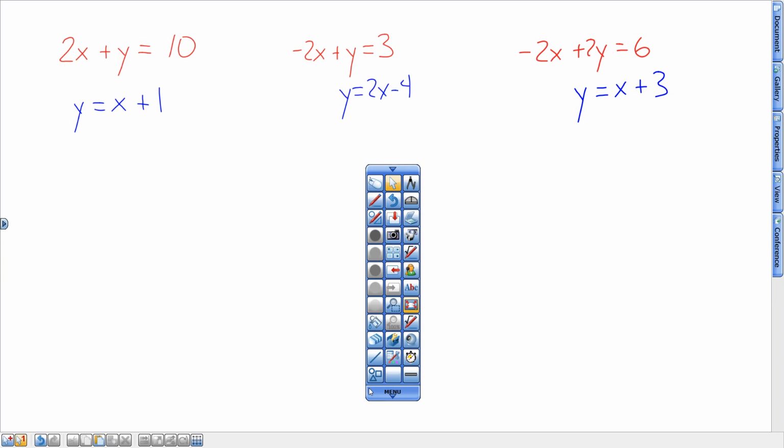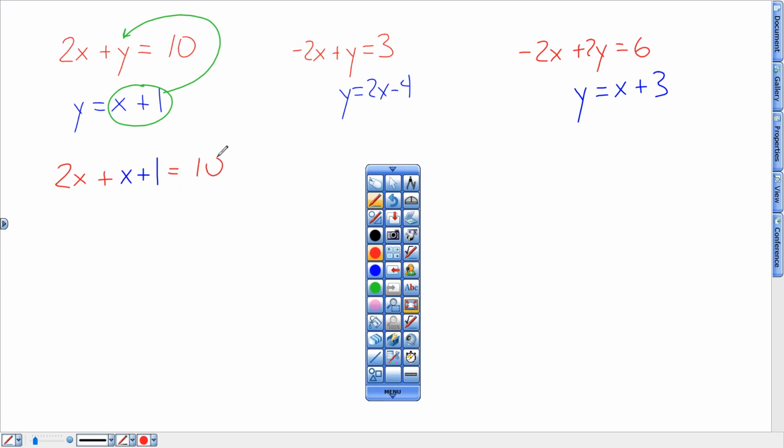I'm going to show both substitution and combination. If you were to solve this one doing substitution, this piece tells me what I'm substituting into the other equation's y. When I plug that in, I'll have 2x plus, but where that y used to be, I have x plus 1 now, equals 10. When I solve this and get 3x plus 1, right away, I know this is going to be a one solution. I'm getting an answer for x.